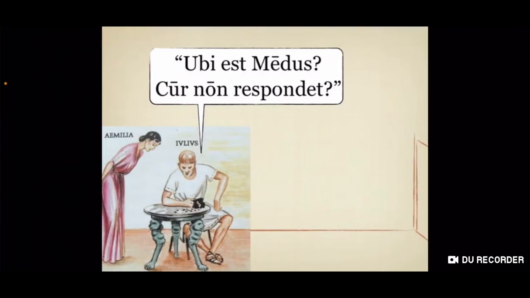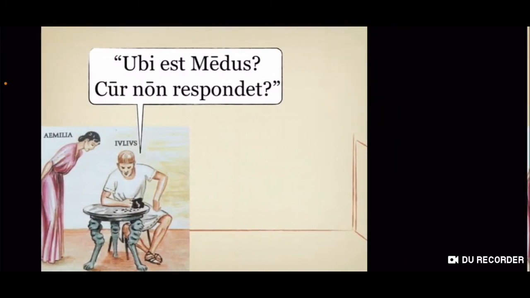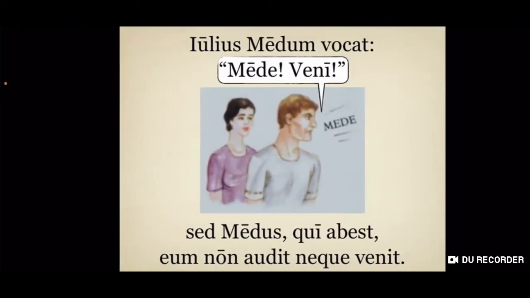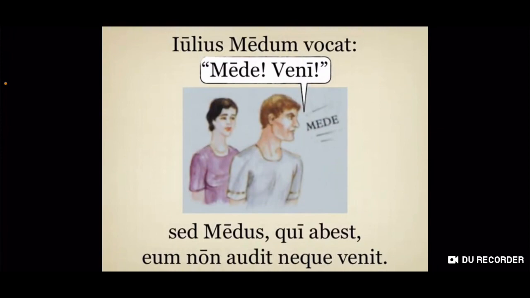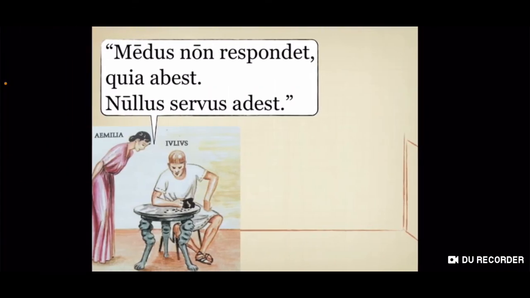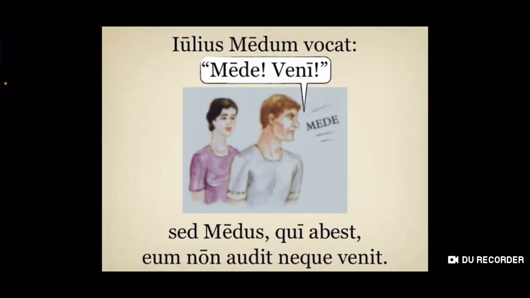Cur non respondet? Why doesn't he respond? Medus, Amelia dicit, non respondet, quia abest. Nullus servus adest. Medus doesn't respond because he's absent. No servant is here, or none of the servants is here. The servant is not here.